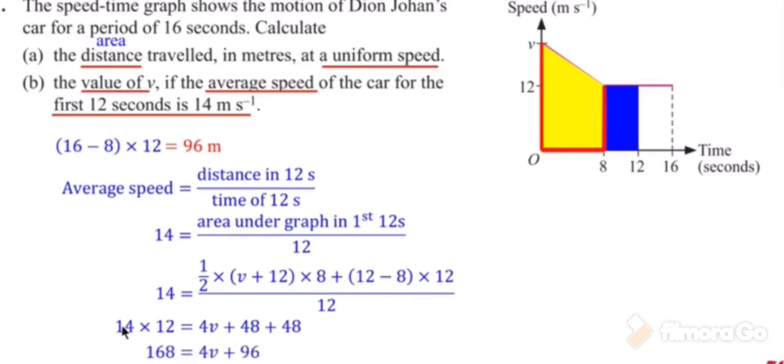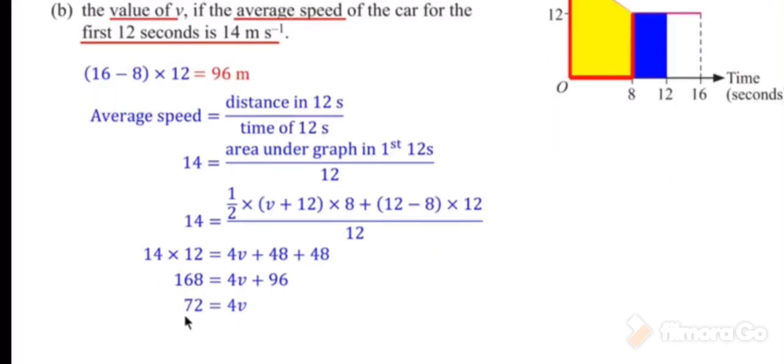So 4V equals 168 minus 96, which is 72. Then V equals 72 over 4. Hence, V equals 18 meters per second.